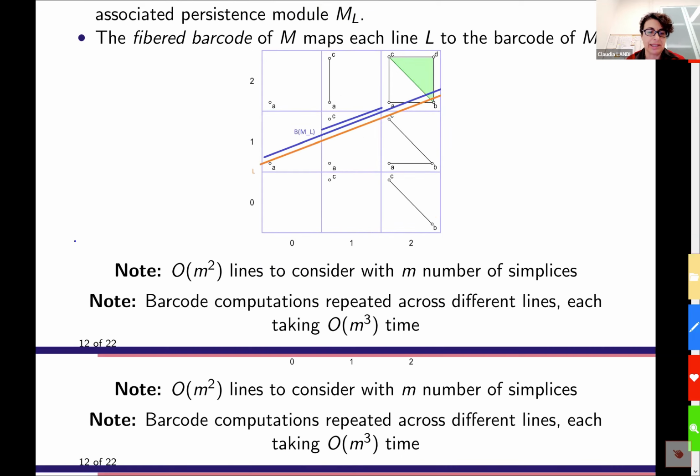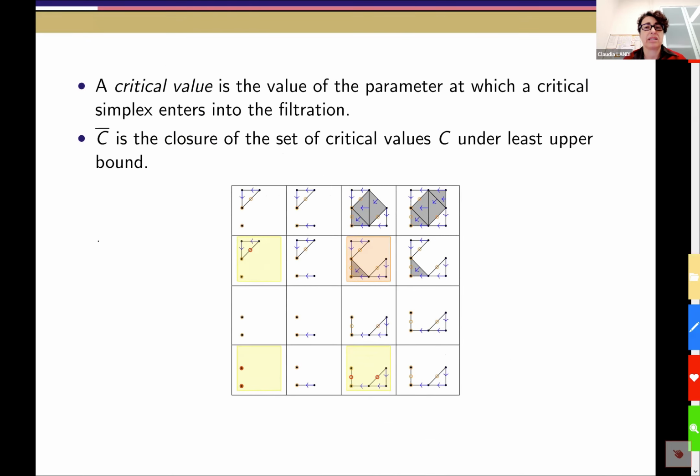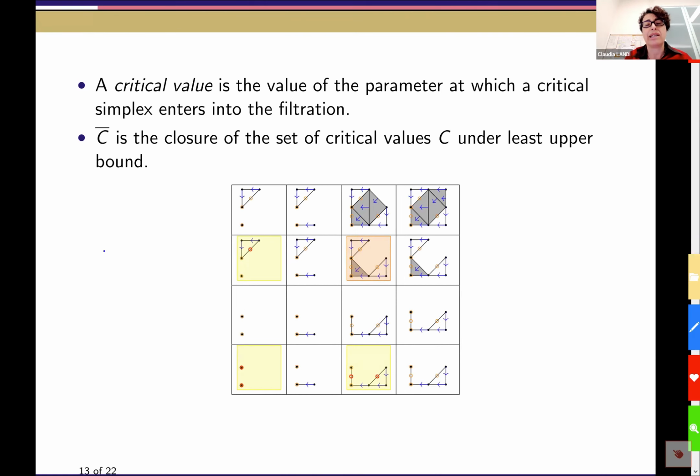So one idea that was already present in a paper by Lesnick and Wright, for example, is that of looking for barcode templates, and they use Betti tables to do that.